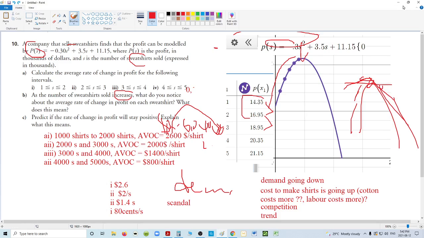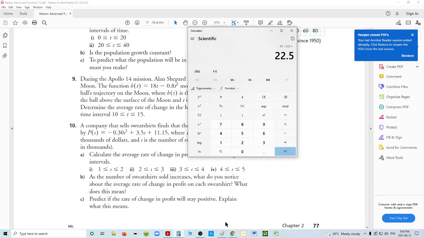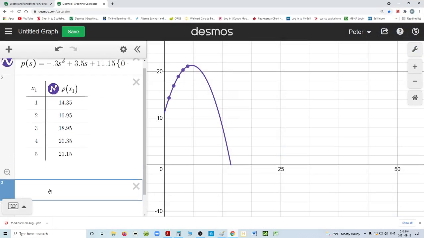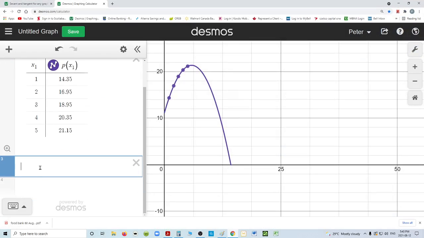So that tells me that as I get closer to the max profit, my rate of change is going to get smaller. By the way, you can also set up Desmos to calculate your delta x's. For instance, this would be a formula for, let's call it A, for average rate of change.